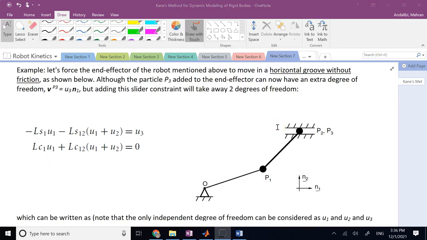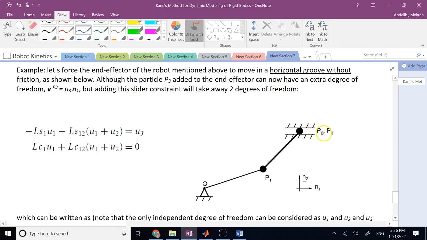So what you can do here is to add an extra particle, P3, right where P2 is, okay? Because P3 is also the end effector. So there is an overlap, right? They are coincident, P2 and P3. And adding P3 will add one extra degree of freedom to the system.